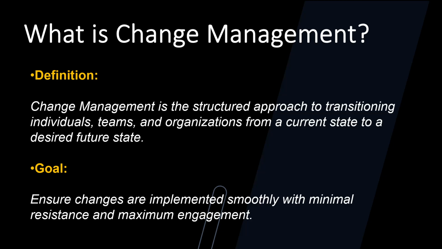So basically, change management is a process which can be implemented for individual people, for a team, for an organization, for a work stream, or at a leadership level. So change can be implemented at any level, and it is used so that the change we want to implement is smooth and with minimal impact.